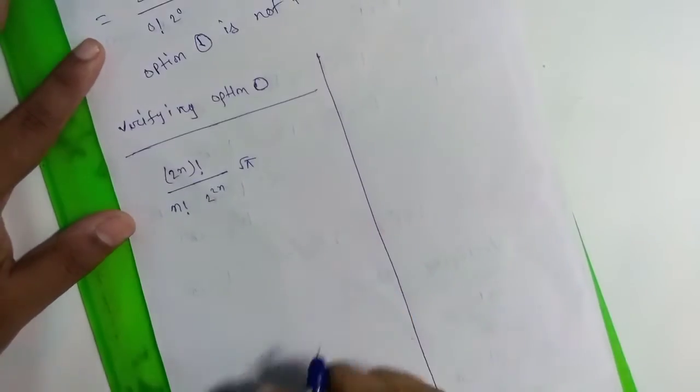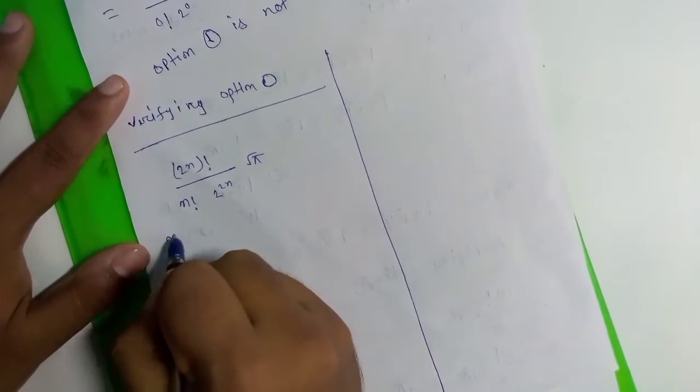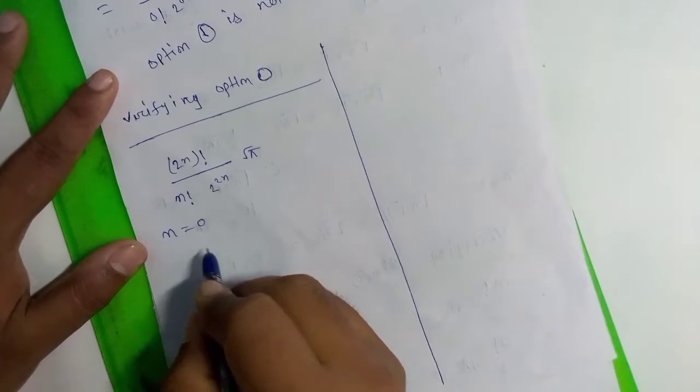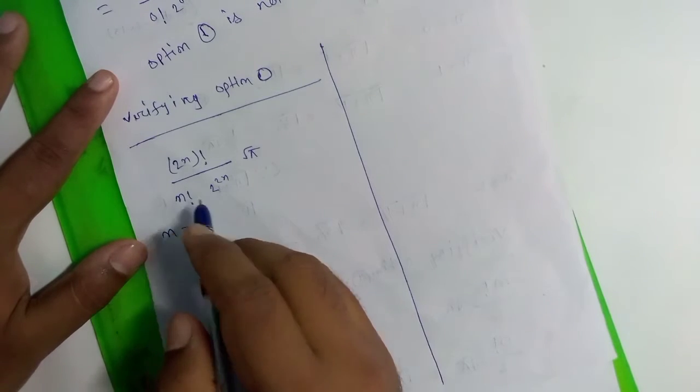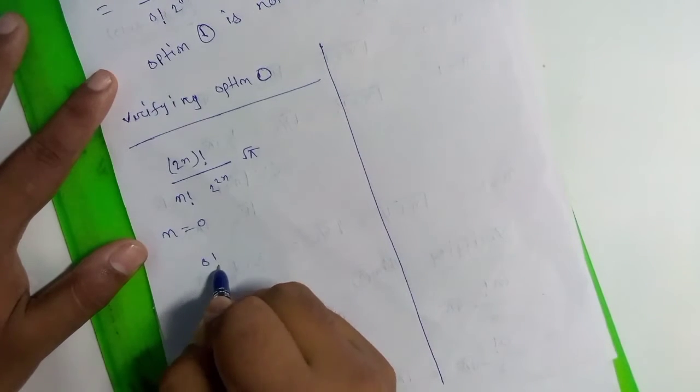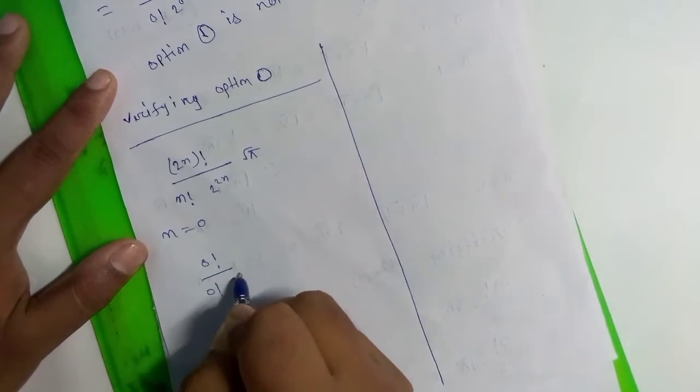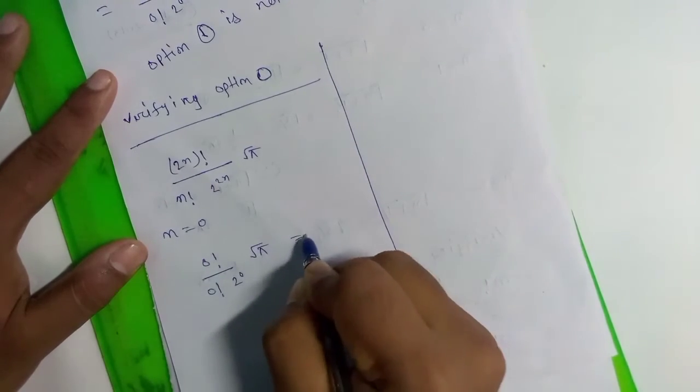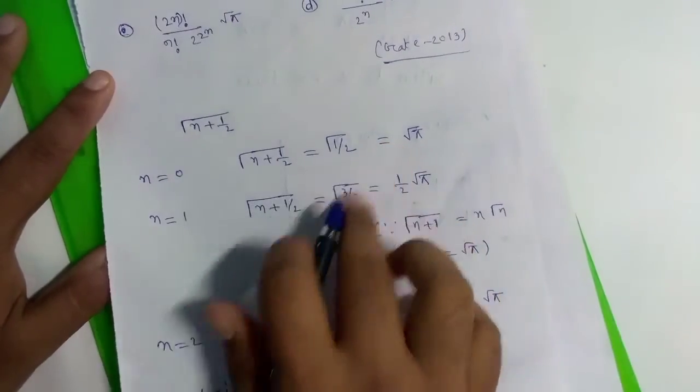So if we put again n equal to 0, then it comes 0 factorial by 0 factorial 2 to the power 0 root pi. Actually it comes root pi. So here when n is equal to 0, it satisfies.